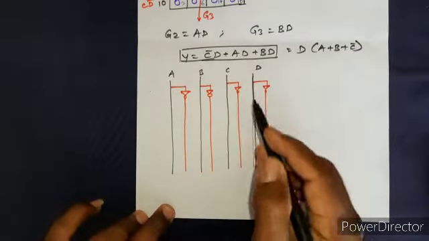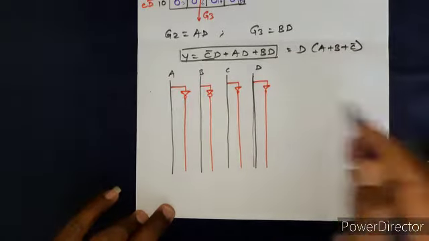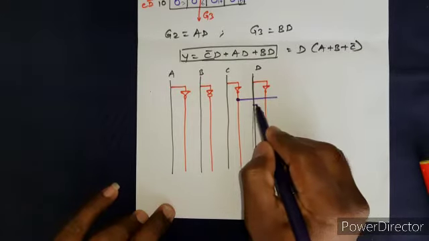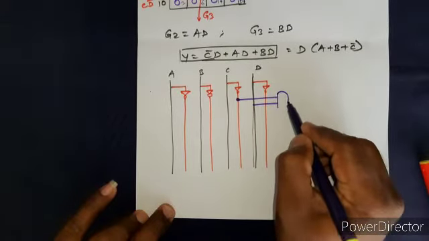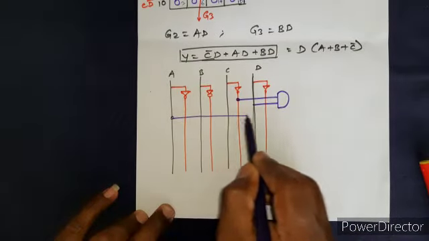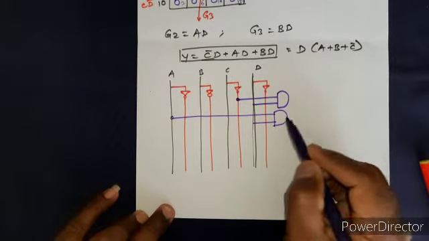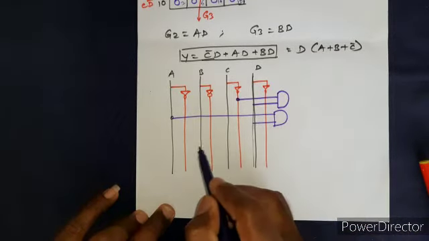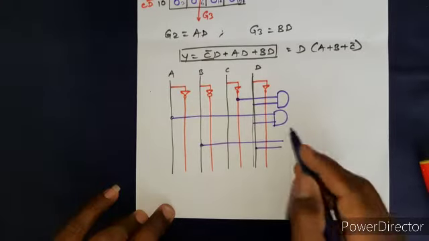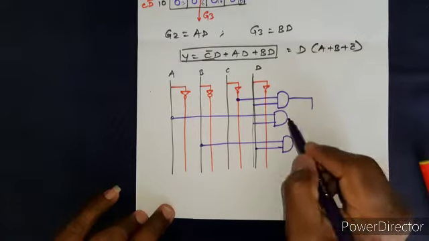Okay, so first is C bar, C bar D, then we have A, D, then we have B, D, and all these are ORed.